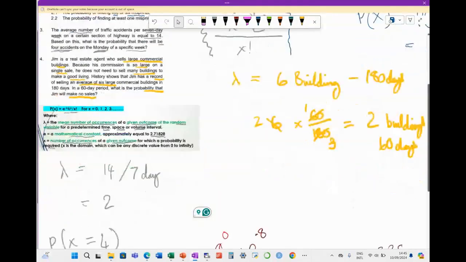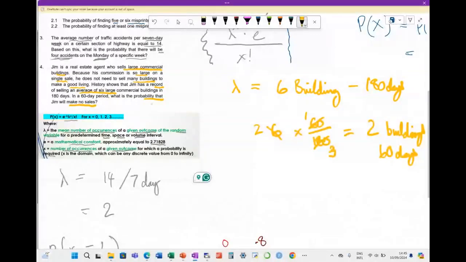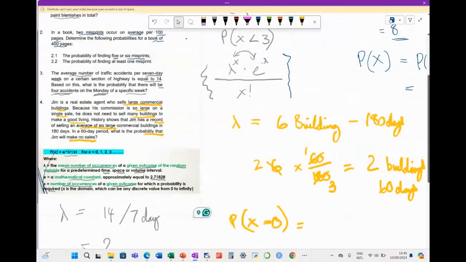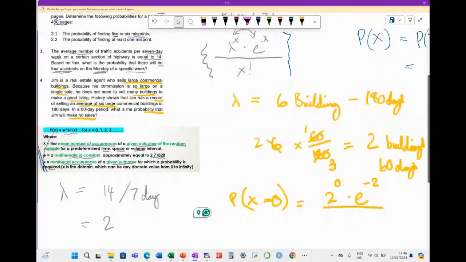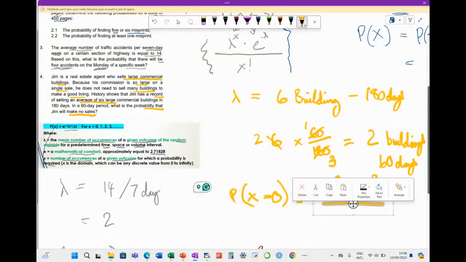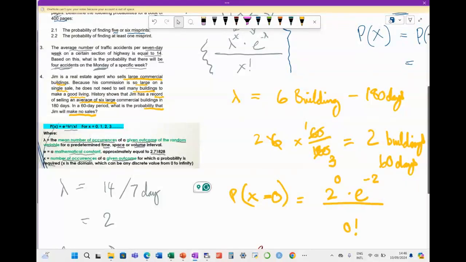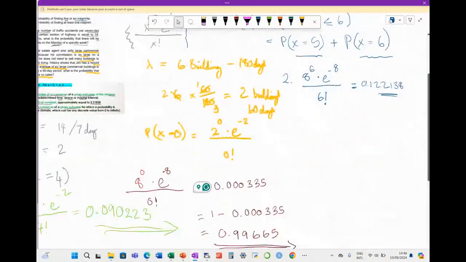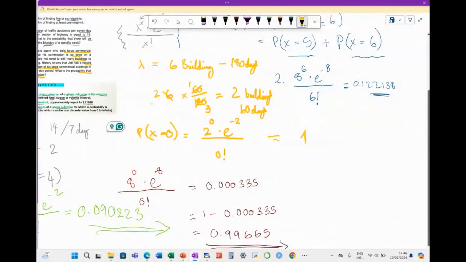Okay, we have our average, and they're saying he makes no sale. So we're looking at the probability of X equal to 0. No sale. We go back to our formula. We say our average 2 to the power 0 times e to the power negative 2 divided by 0 factorial is equal to 1?